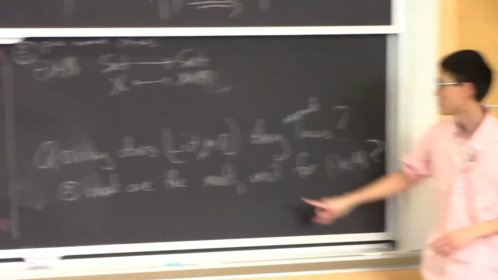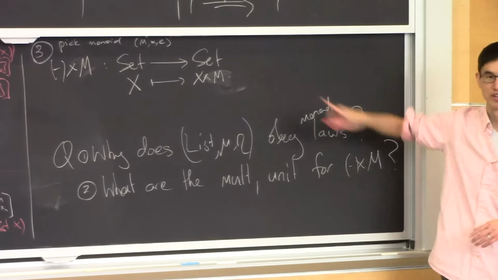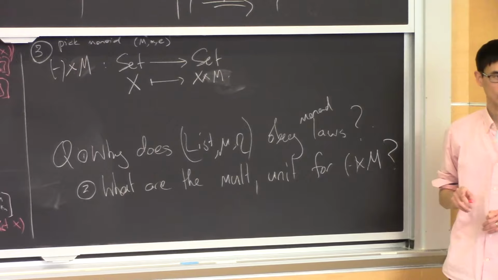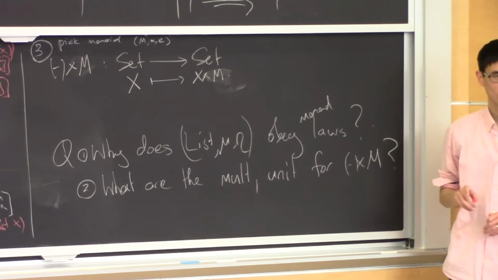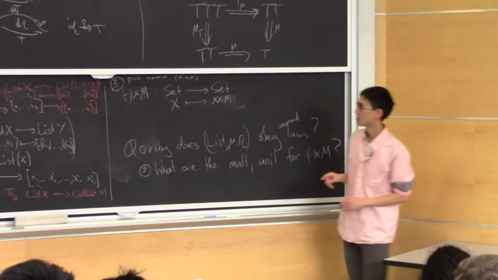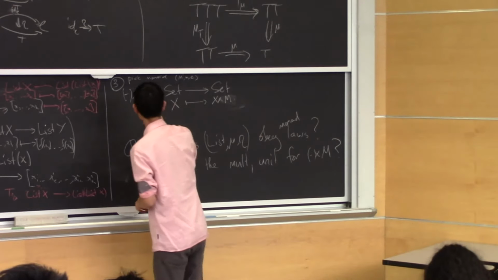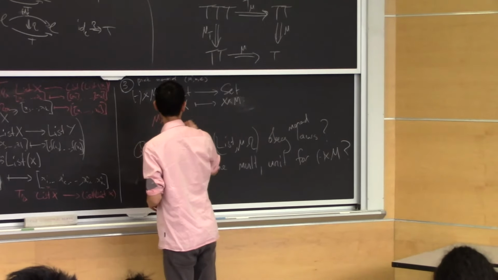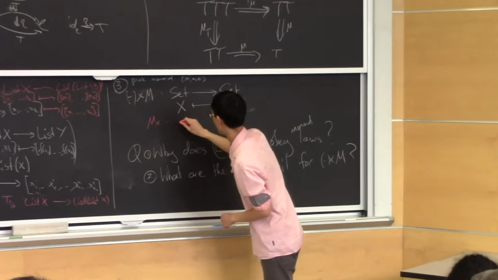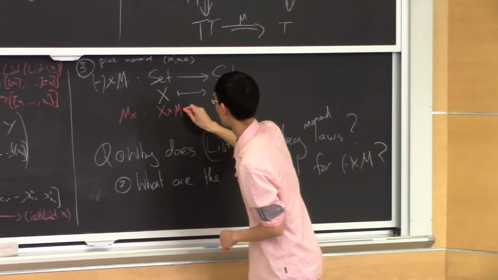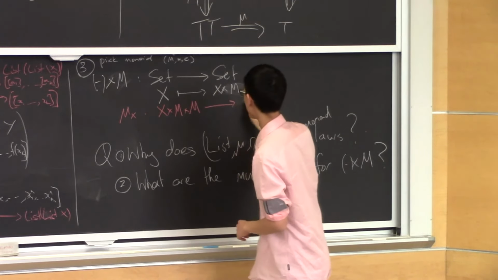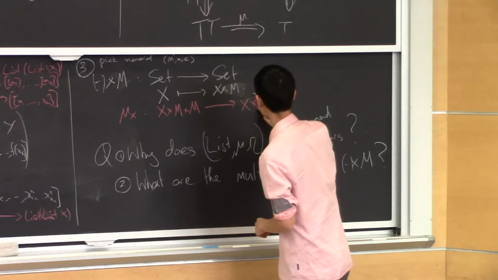What are the multiplication and the unit for this monad? So what are the types? We have mu x, and it's going to map x, and then we apply the monad twice, and then we return to applying the monad once.